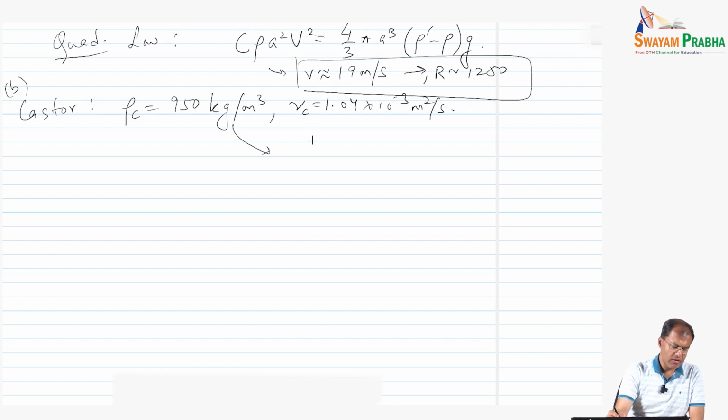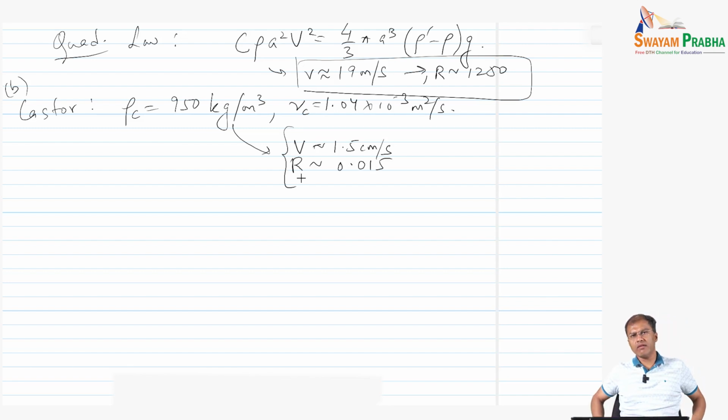And from here, if we use the linear law, then we are going to get that v is roughly 1.5 centimeters per second, and the Reynolds number comes out to be 0.015. So the castor oil is quite a thick substance, and it significantly increases the drag on the particle and reduces its velocity.